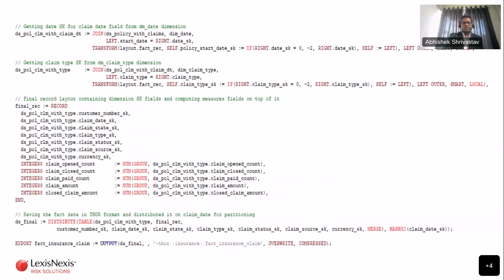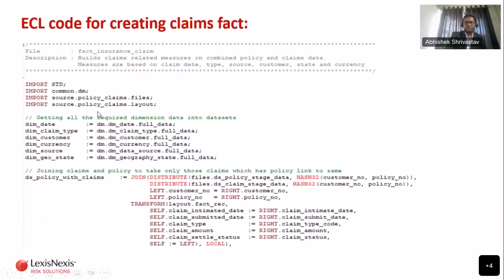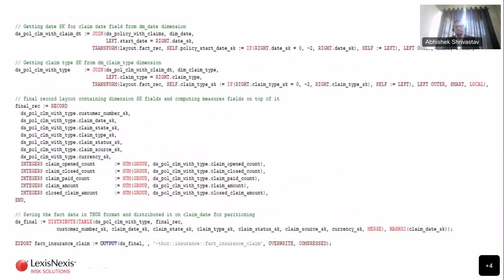On top of it, one by one, I'm going to join that combined data set to my dimensions. These are the set of dimensions we have captured, such as dim date, claim type, dim customers, and so on. For the dimension joins, I am just taking some of the joining snippets here, not all of them, because most of them will have the same conventions.